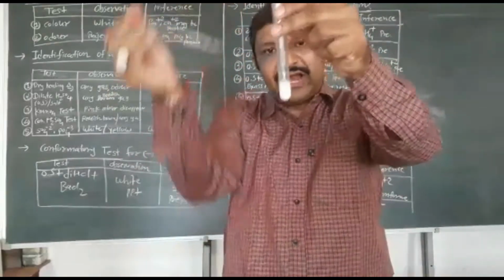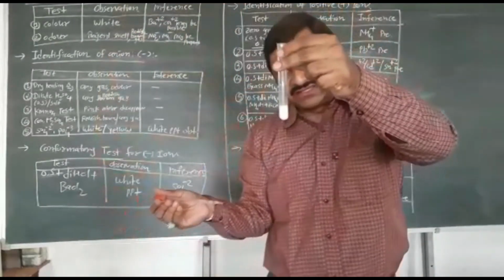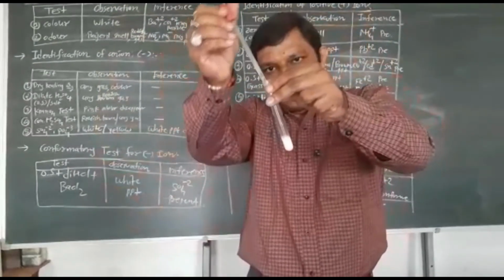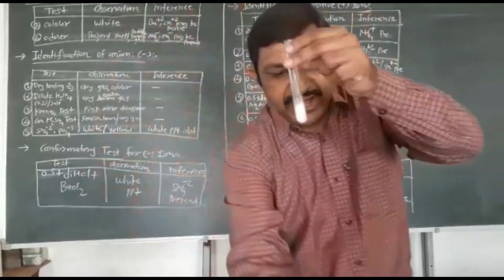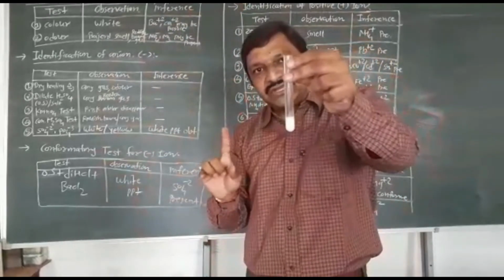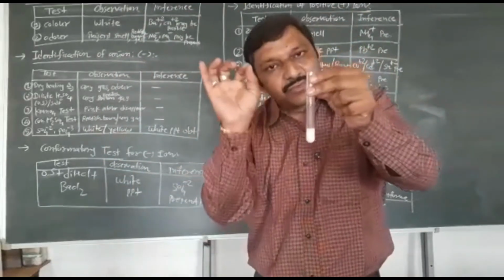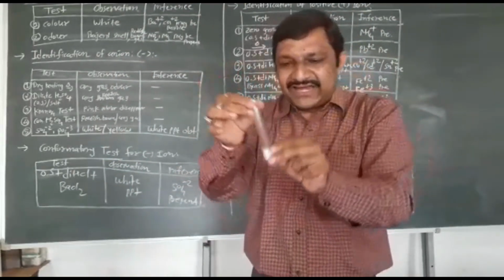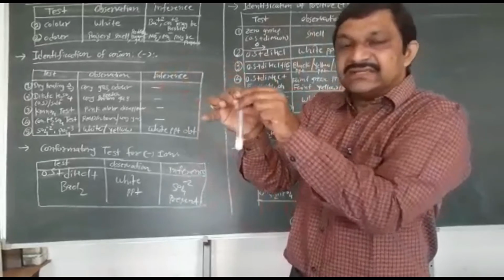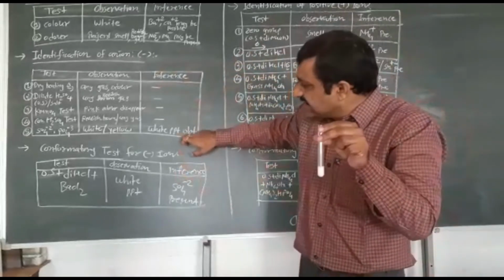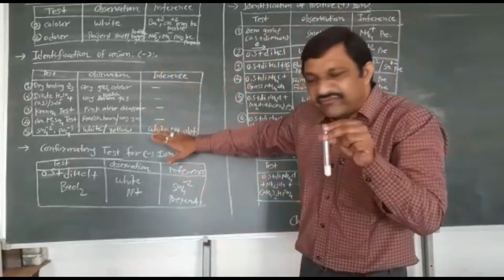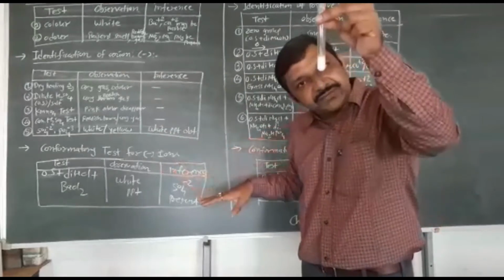Okay, barium chloride, and you will get white precipitates. You can see here easily. I am adding first OS, then dilute sulfuric acid, then barium chloride, then you will get white precipitates. That's why sulfate is present in your sulfate test and confirmatory test both.